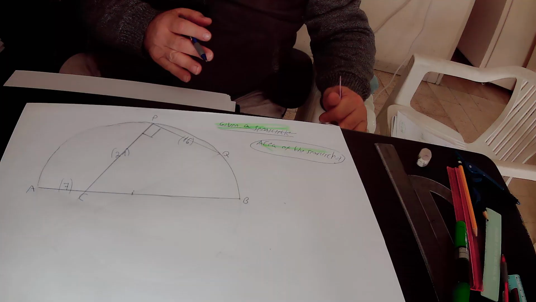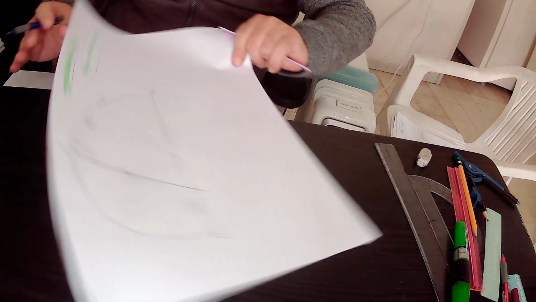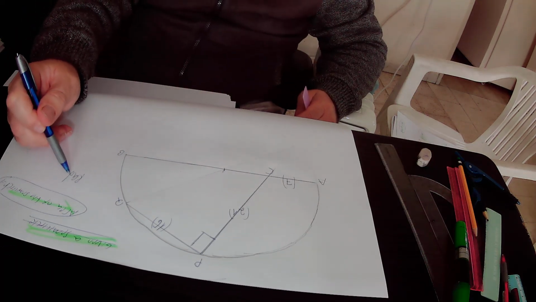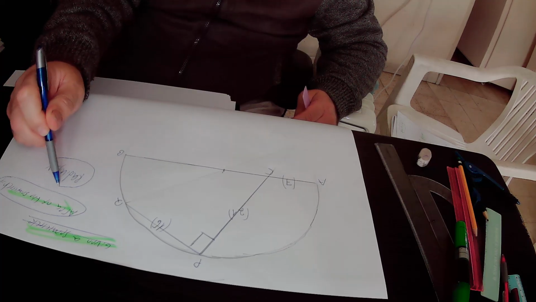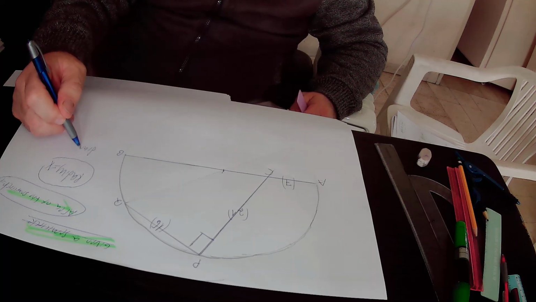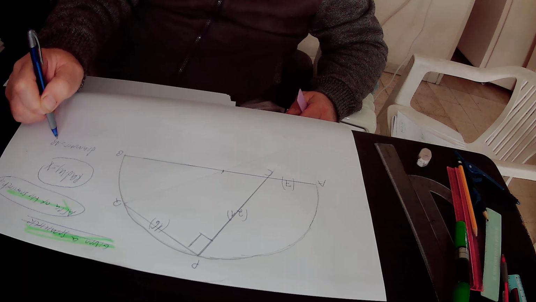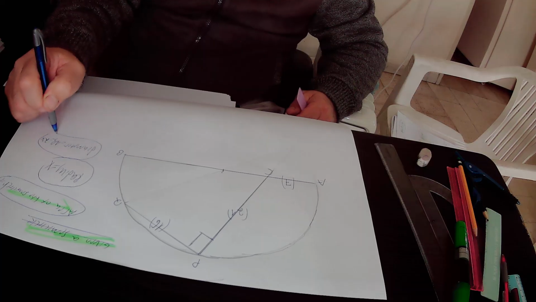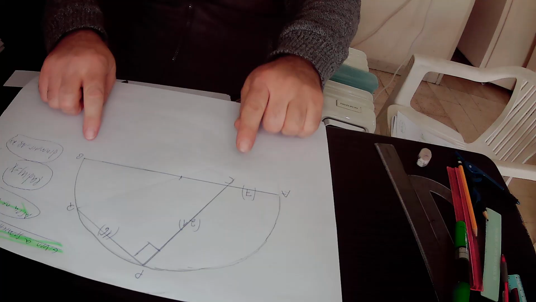First of all, we will define the radius of this semicircle as x. If the radius is x, it means the diameter AB is 2x. What is the length of this line segment CB?